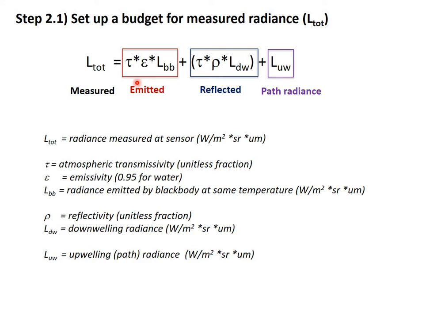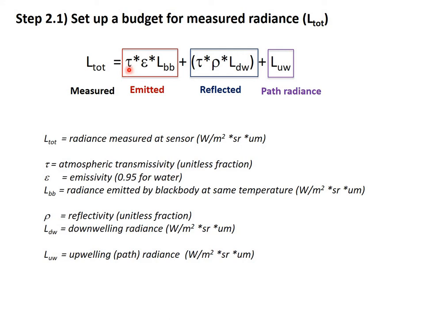And then we can further break those down. Emitted is equal to the black body radiance, so whatever the radiance emitted from, let's say, a rock would have been, times the emissivity, adjusting it down for the emissivity, and then times the transmissivity.